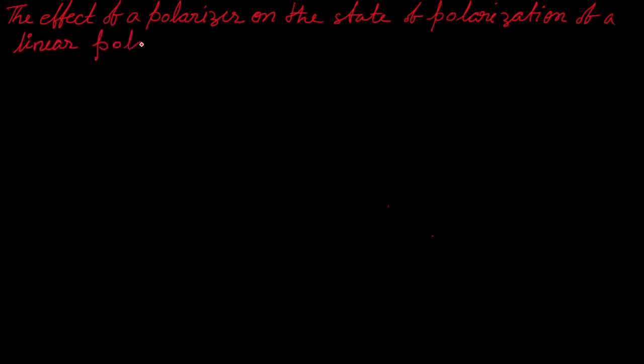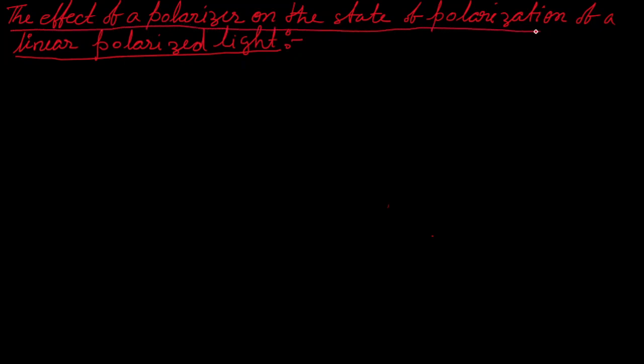That means, when a linear polarized light passes through a polarizer, what is going to happen to the state of polarization after it passes through the polarizer? That we have to show here.